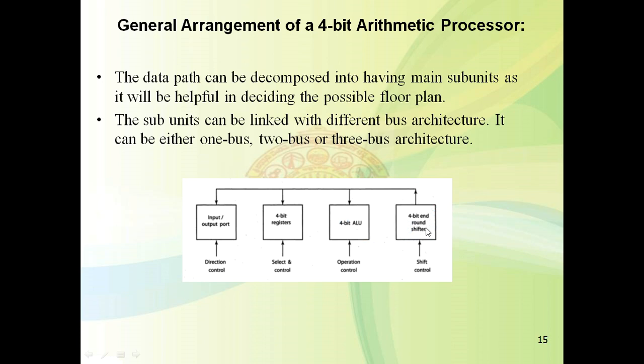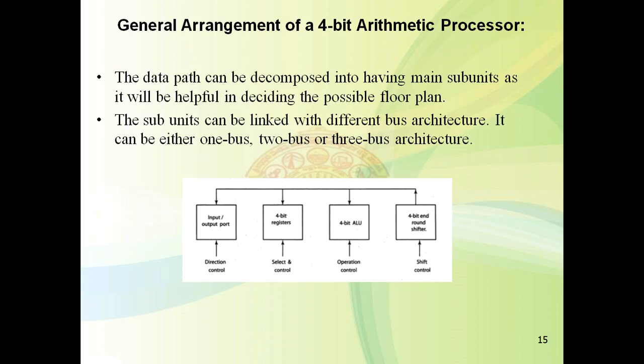Arithmetic unit, our main part of the arithmetic logic unit, 4-bit arithmetic processor. We are going to design a 4-bit microprocessor. Out of that 4-bit microprocessor, we are concentrating on ALU, and now ALU is divided into subunits. The main complex system is a microprocessor, a 4-bit microprocessor. It has different parts.